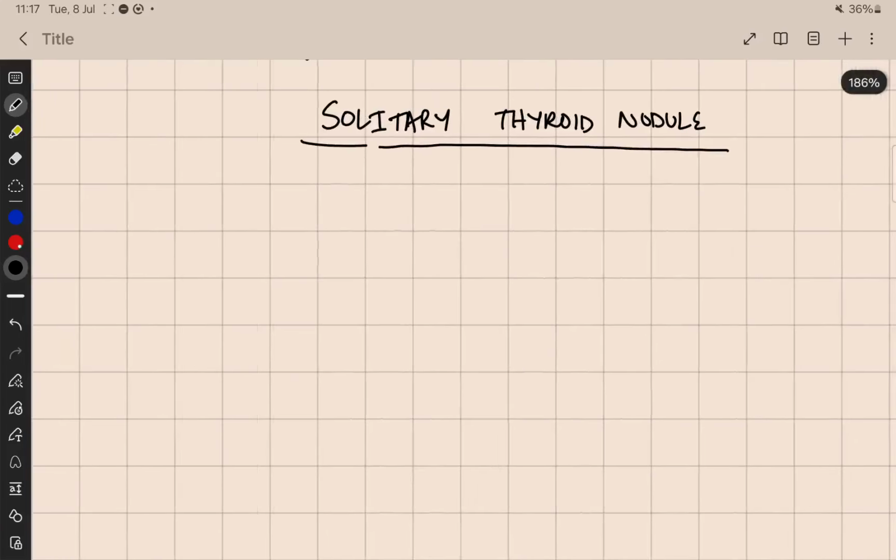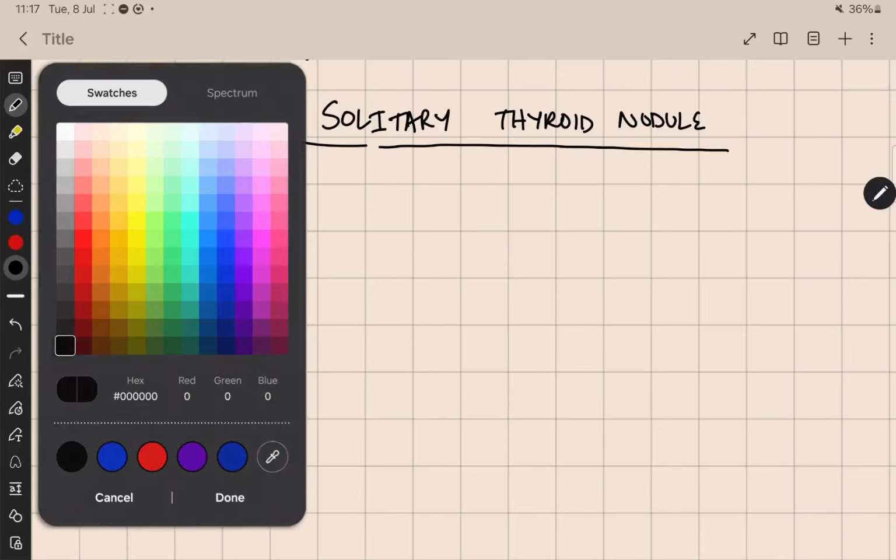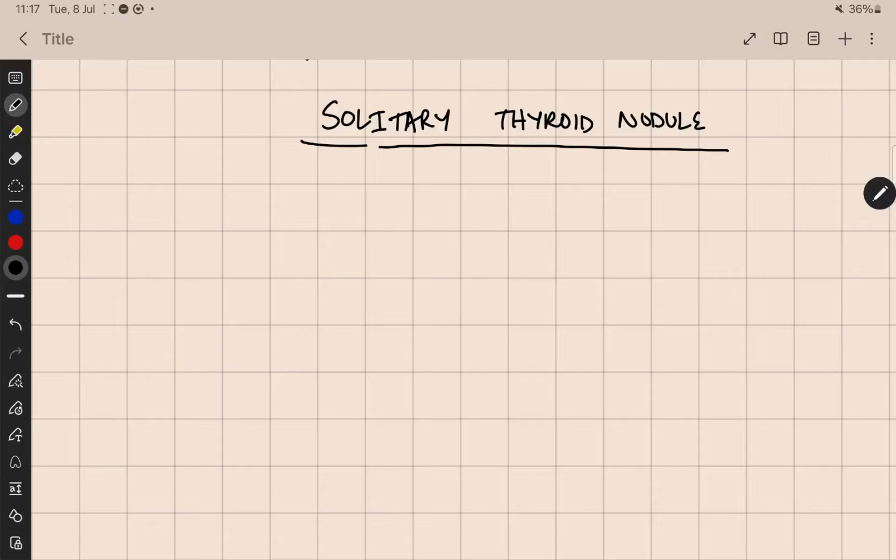Let us discuss the algorithm for evaluation of a solitary thyroid nodule, because a solitary thyroid nodule can present with symptoms of hyperthyroidism or hypothyroidism. Hyperthyroidism presents as symptoms of increased basal metabolic rate.